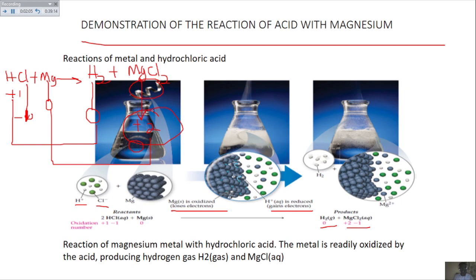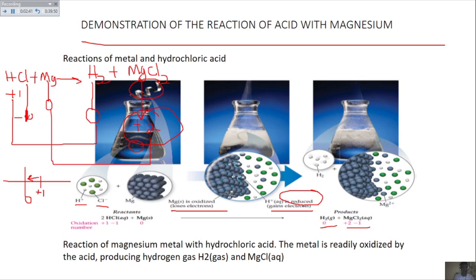Why? Look at this particular one. What has happened to this particular hydrogen? Look at the way you are moving so that you can understand it better. This one is +1. Therefore, you are going from +1 to 0. A decrease in oxidation number is called reduction.